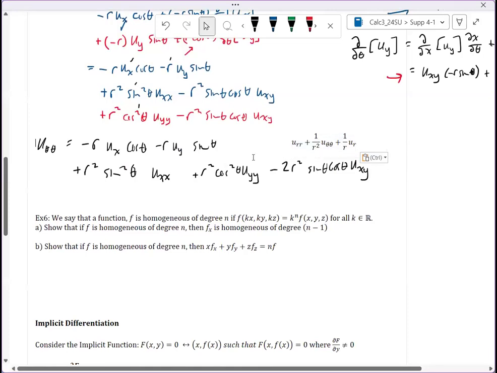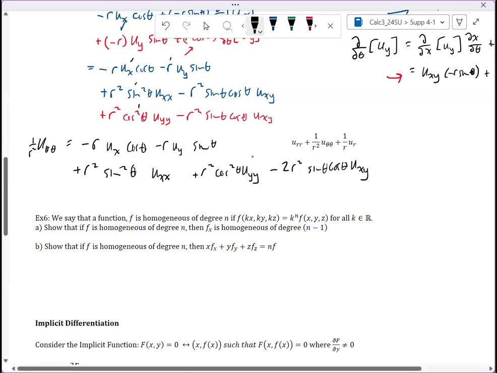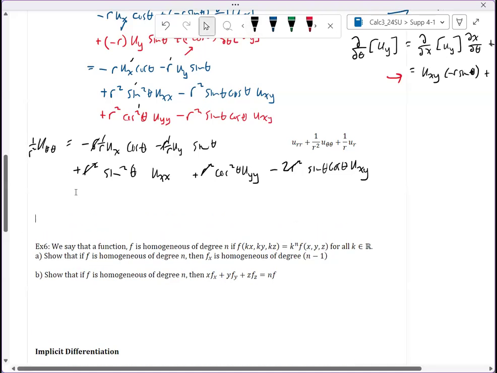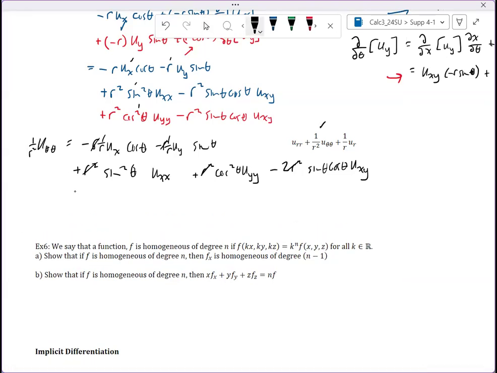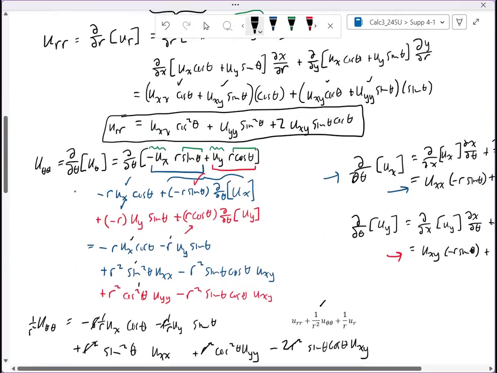So I need a 1 over r squared u theta theta. That gets rid of that factor, and that one, and makes these into a 1 over r factor in both of those terms. Plus, we need to add u_rr. What was u_rr?